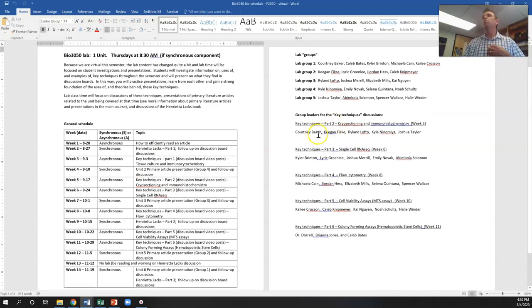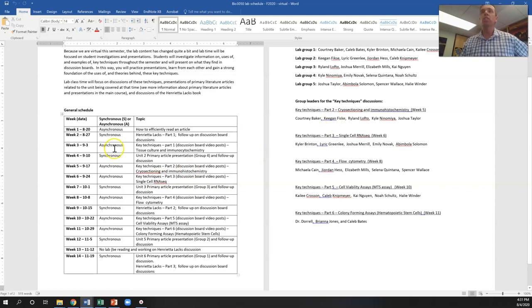Everyone else in the group is going to watch that presentation, and then we're going to work together to figure out how to use that technique to design experiments and to analyze data associated with it. So those key techniques discussions on those weeks of labs are just asynchronous. This is all happening via discussion board.